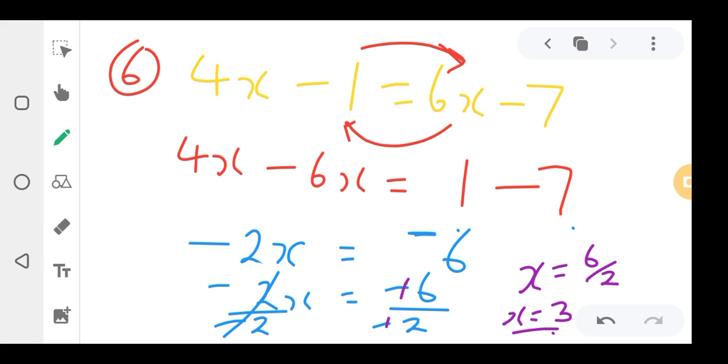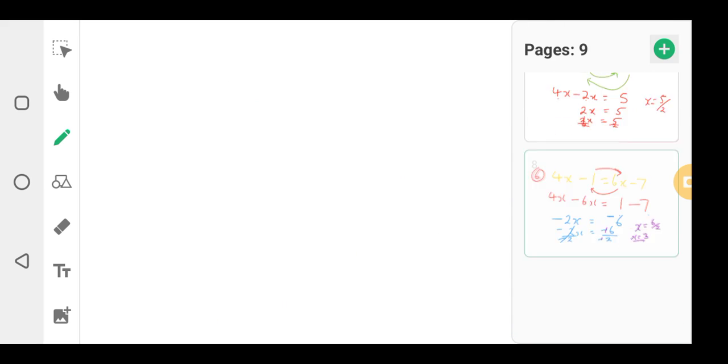Okay. But when you're solving, solve downwards, but there's no space. So I've transferred the calculation this side, but you, when you're solving, solve downwards. Okay. So that's it. Now you can try the exercise, guys.